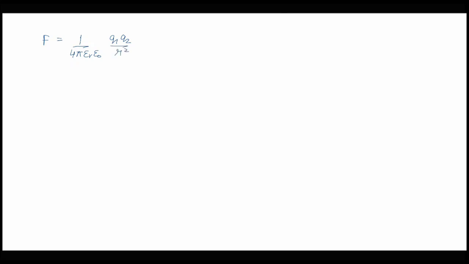So the Coulomb constant is expressed as 1 upon 4 pi epsilon naught epsilon r. Now let us understand what each term implies. Epsilon naught is regarded as the permittivity of free space, or we can use the term electric permittivity of free space.